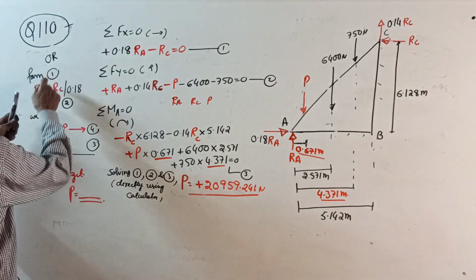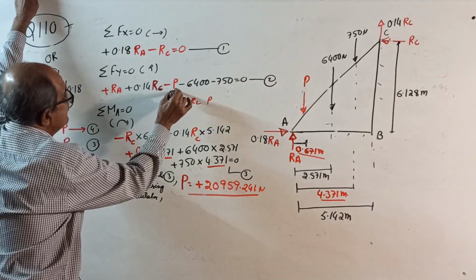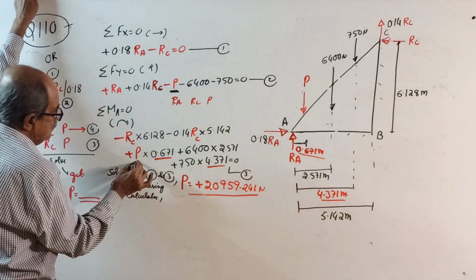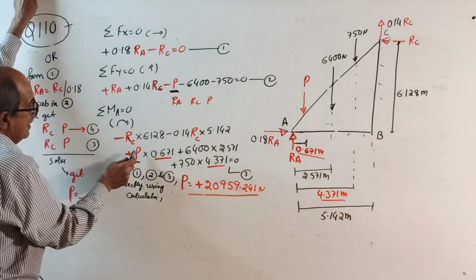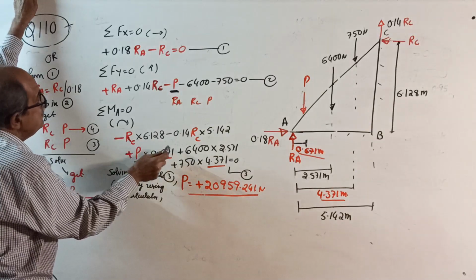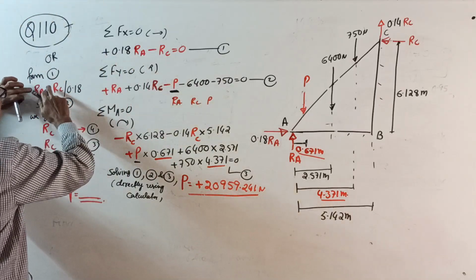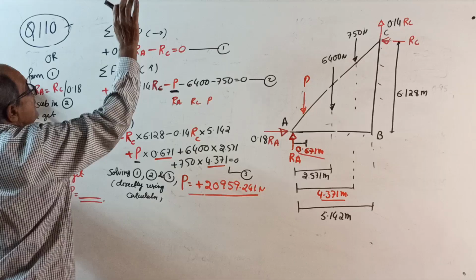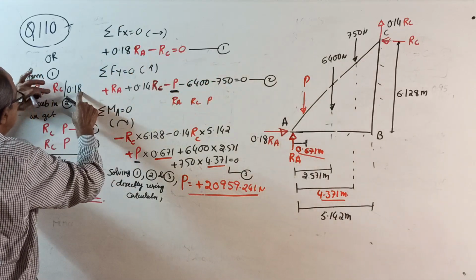Or if somebody wants to calculate systematically, then do one thing. Our purpose is to find the P value, correct? You should remember, the purpose is to find P. Here we have RA, RC, P. RA is not there in equation 3, only RC and P. So from equation 1, you eliminate RA. RA equals RC by 0.18.